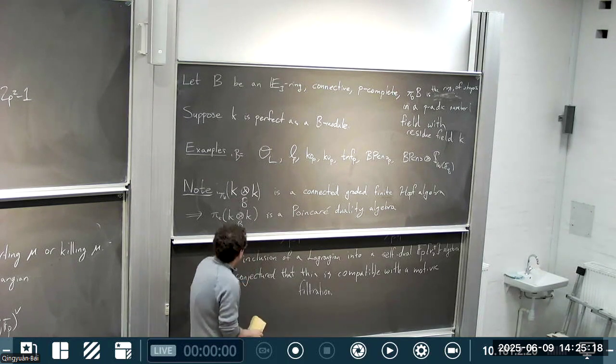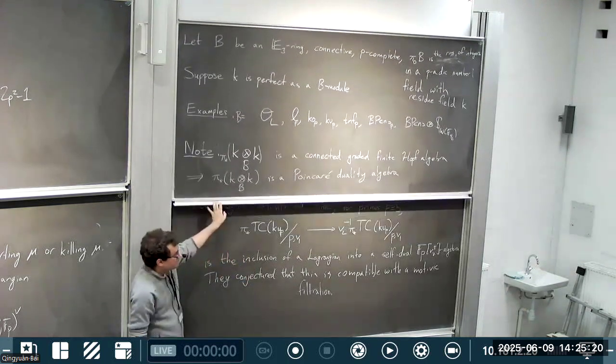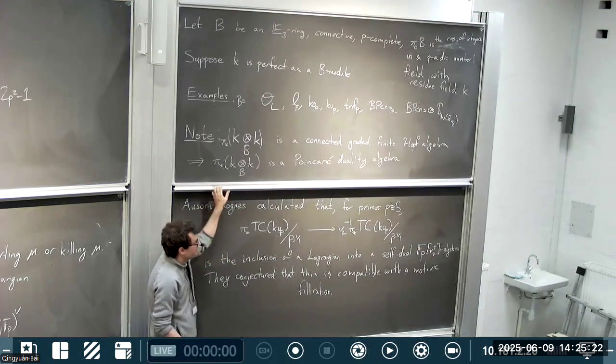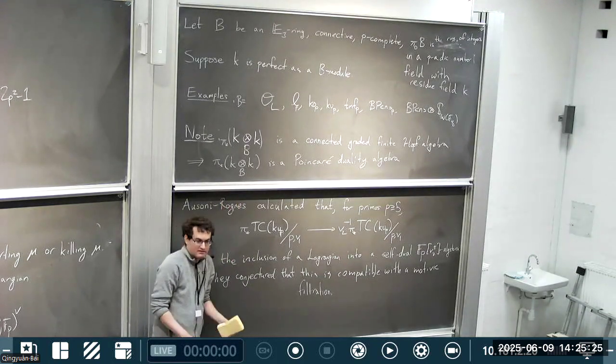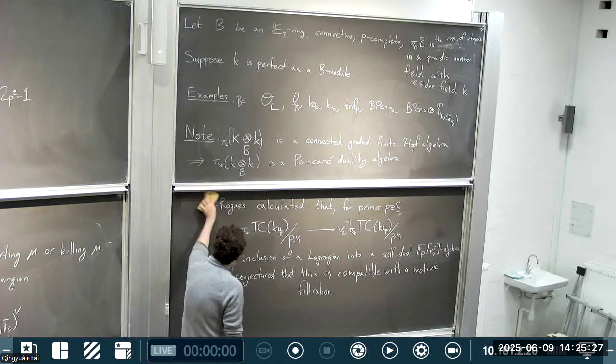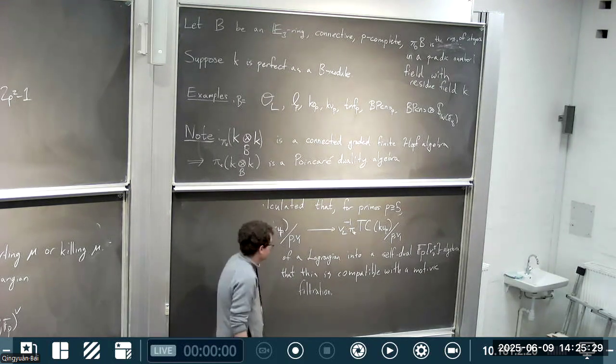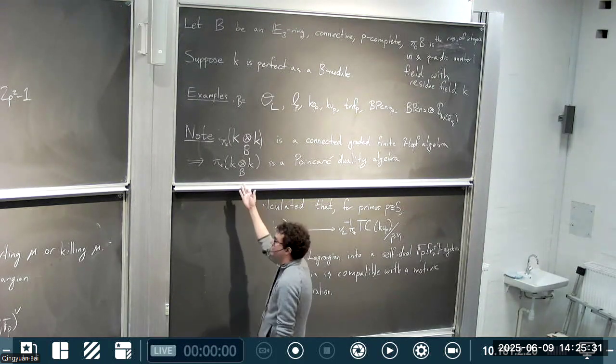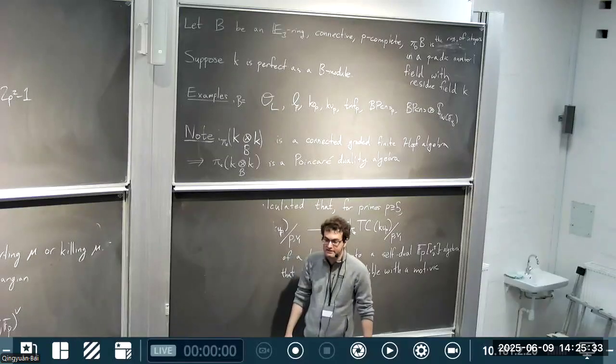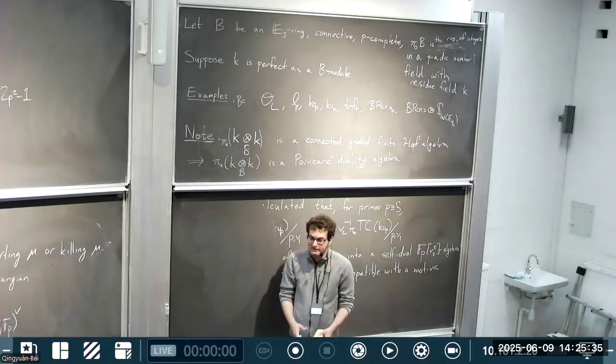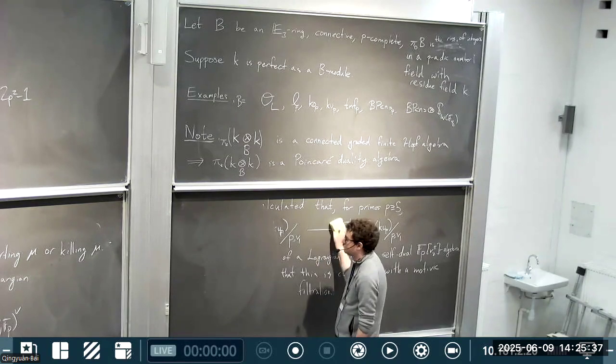So just the fact that it's a connected graded finite Hopf algebra in fact implies that this thing has a dualizing class. You can see how this works in practice. For example, if B is the p-adic integers and K is F_p, this becomes just an exterior algebra on one class.